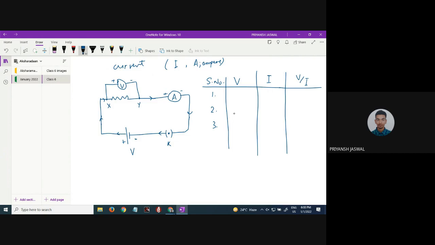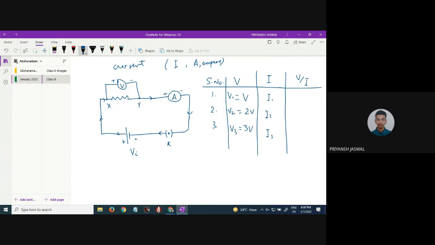Suppose we apply different voltages. At first we apply voltage V1, in the second case V2, and in the third case V3. Suppose this voltage is V volts, this is twice V, and this is 3 times V, and we measure the corresponding currents I1, I2, I3.